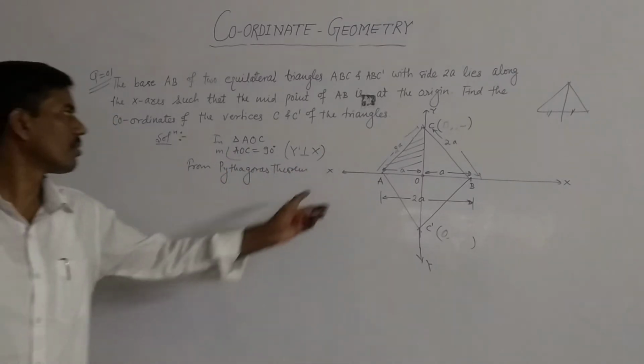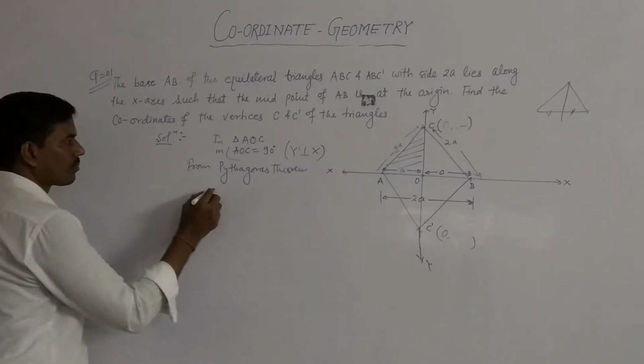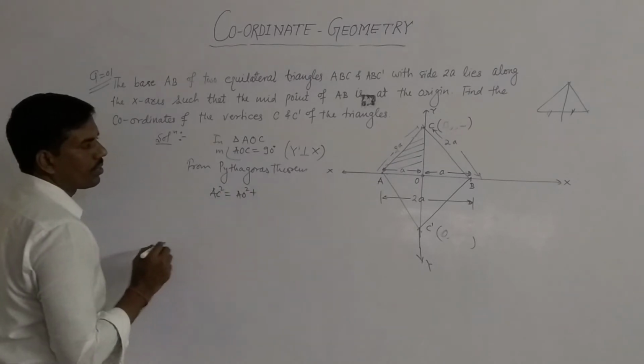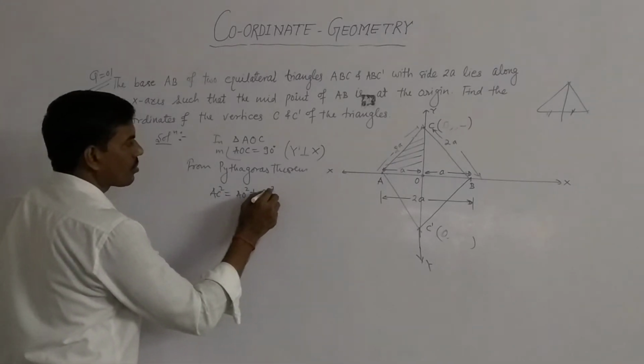Using Pythagoras theorem, AC square is equal to AO square plus CO square.